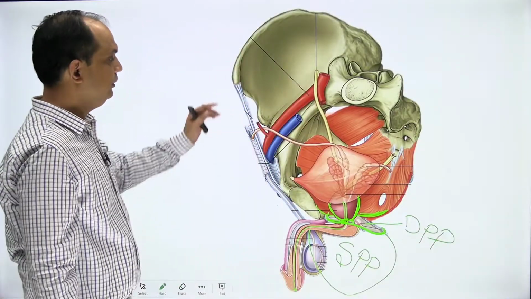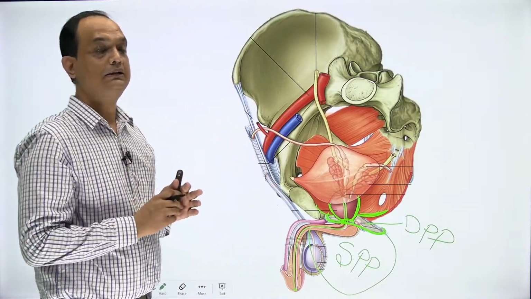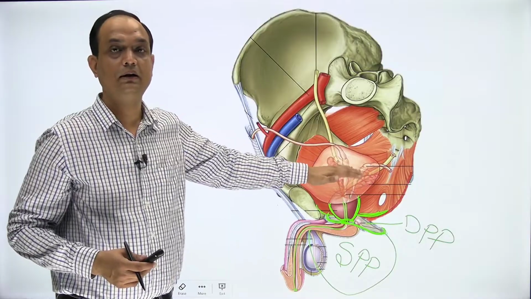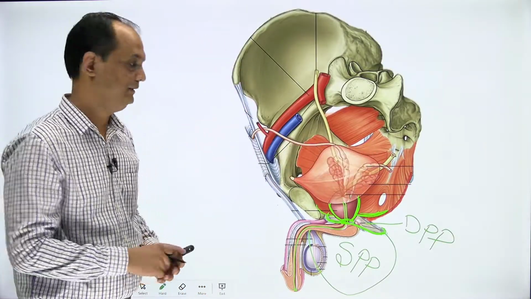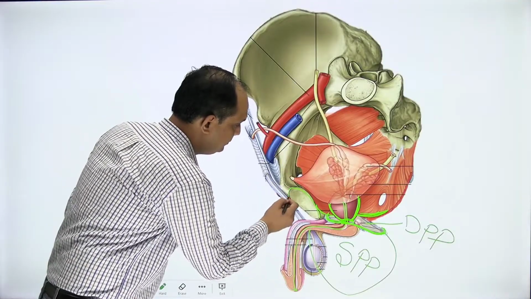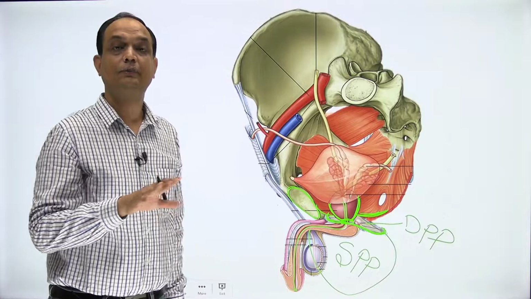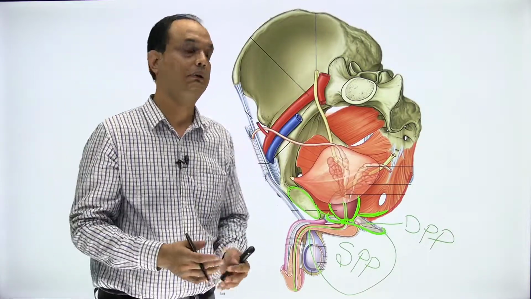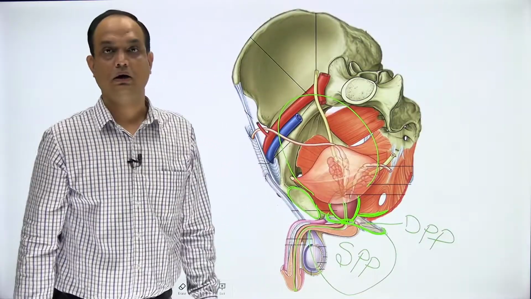Clear? So whenever you are reading the pelvis, you should have this orientation, that where you will find the urinary bladder. The urinary bladder is present in the anterior part of the pelvis behind the pubic symphysis, and it is an organ of pelvis, but when you have distension of the urinary bladder, at that time it becomes an abdominal organ.